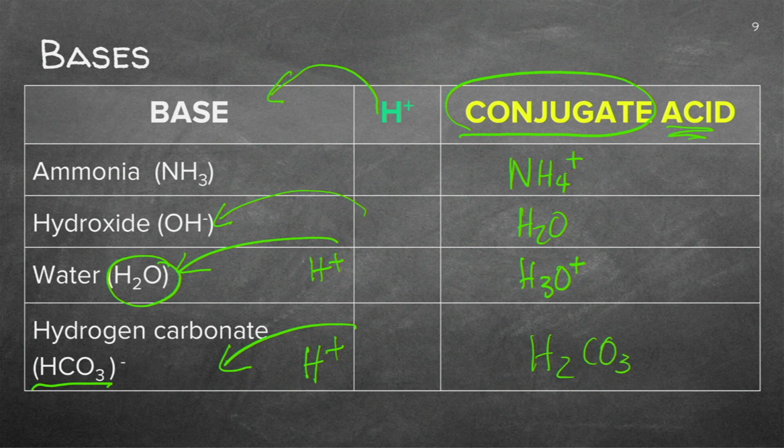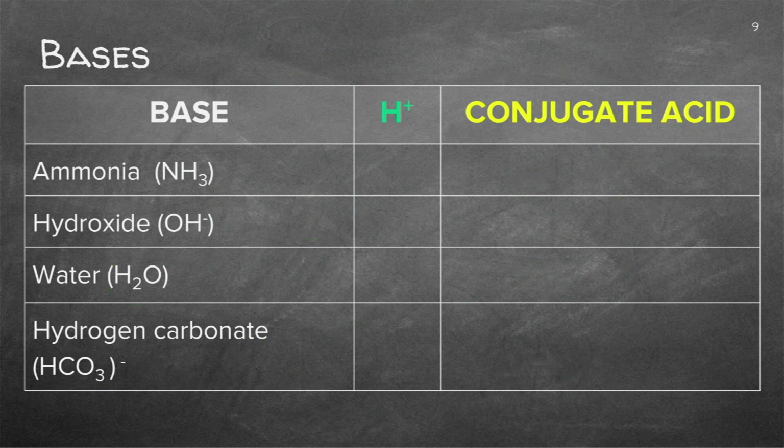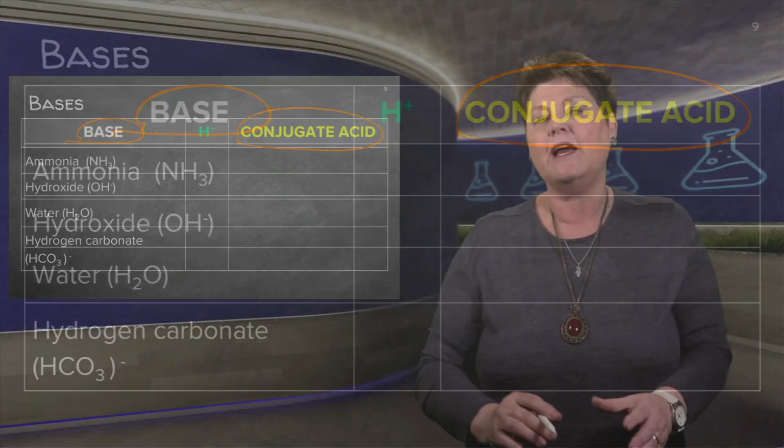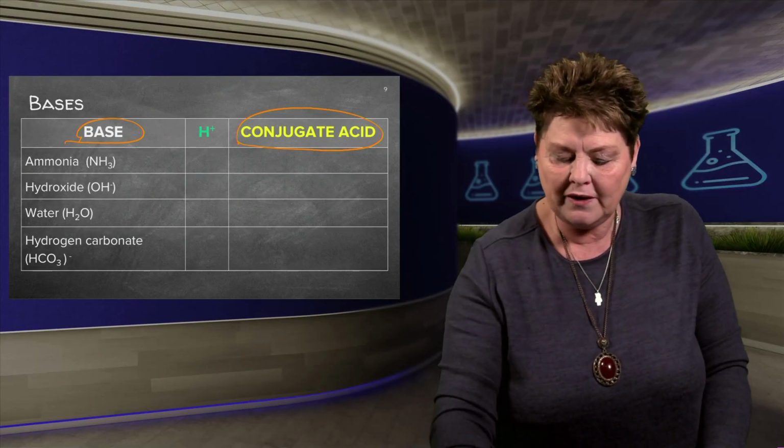Can you see? This is an acid. All of them can again donate that H+. So they are the conjugate acids of bases. Guys, please bear in mind that you have to be able to firstly write down the conjugate acid of the base, but you always also need to be able to identify the one aspect.